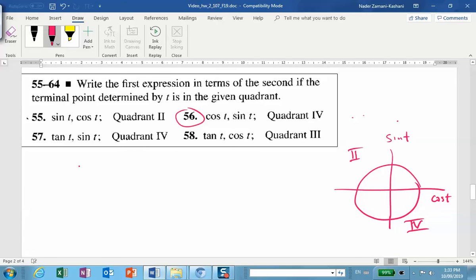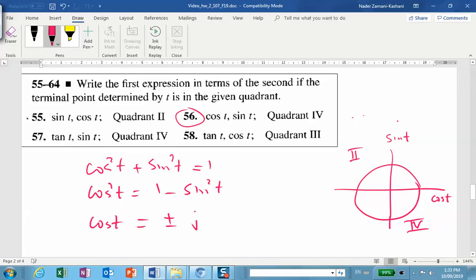And once again, we have cosine squared t plus sine squared t is 1. And cosine in terms of sine, so cosine squared t is equal to 1 minus sine squared t. And therefore, cosine of t equals plus or minus root of 1 minus sine squared t.